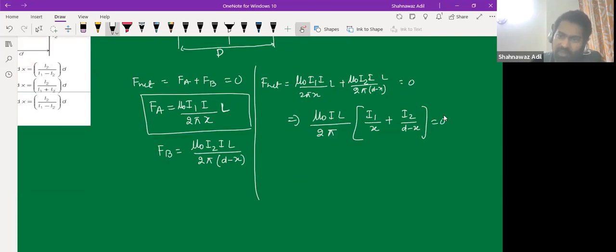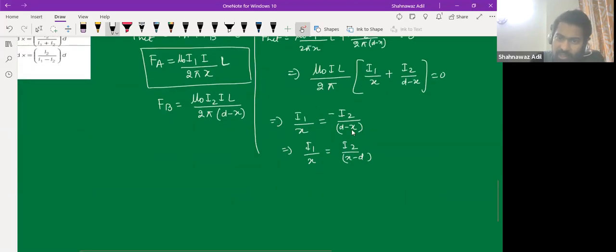This mu naught L by 2 pi is a constant, so we can take it out on the other side. So we have I1 by x equal to I2 by d minus x. Taking this to this side, this would be I2 times x minus d, which is I1x minus I1d, and then x I2.